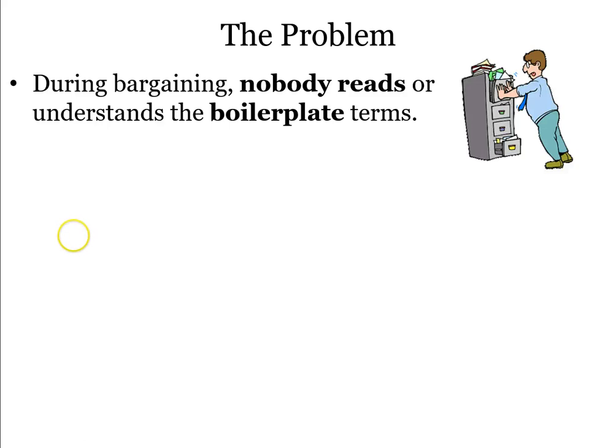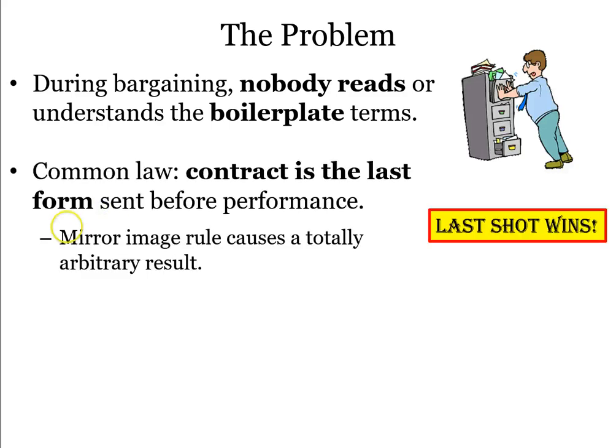However, if a dispute arises and the relevant boilerplate terms are different on the two forms, the question becomes, which terms govern? Under the common law, the courts use the standard rules on offer, acceptance, and counteroffer. When an acceptance is not the mirror image of the offer, it is treated as a counteroffer, which must be accepted by the original offeror before a contract is formed.